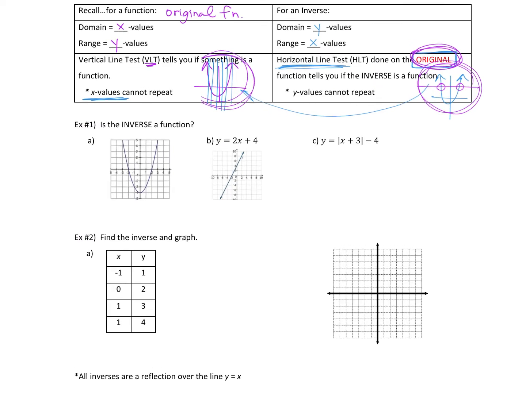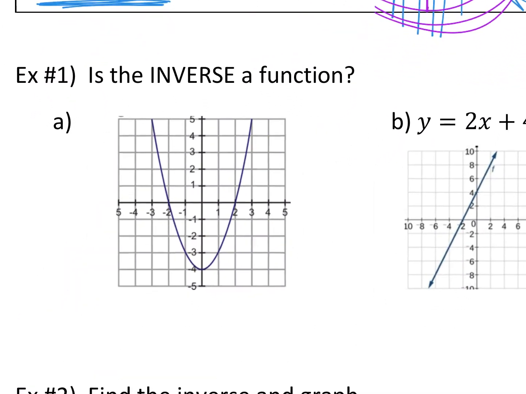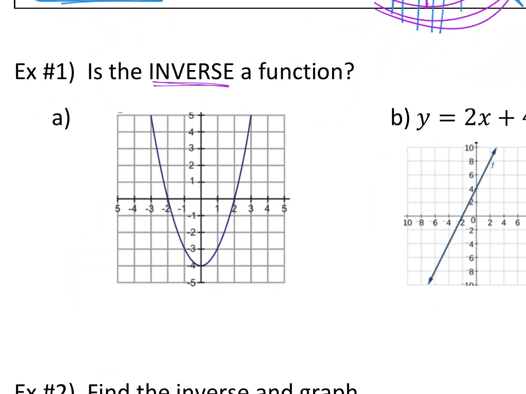Okay, so let's take a look at this. Example 1. It says, is the inverse of the function given, is the inverse of it going to be a function? Okay, so this is the original function, this graph. Is the original a function? Yes, okay. Then if we were to say, well, let's find the inverse of that graph, would that be a function?